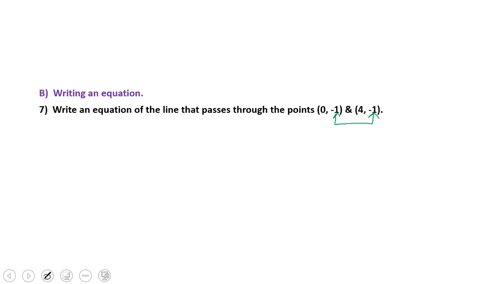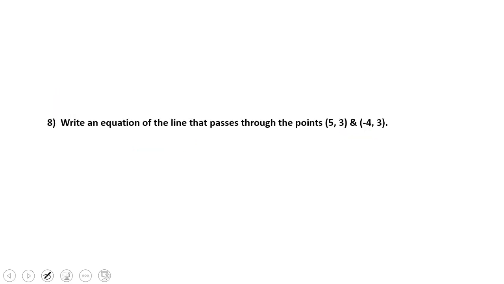And we learned many times ago, what does the equation of a line look like when the y's are the same? That means the rise would be 0, so the slope would be 0, and the equation would have to be y equals that number, y equals -1. If you don't understand that, it's okay. Just make sure you're asking about it tomorrow in class.